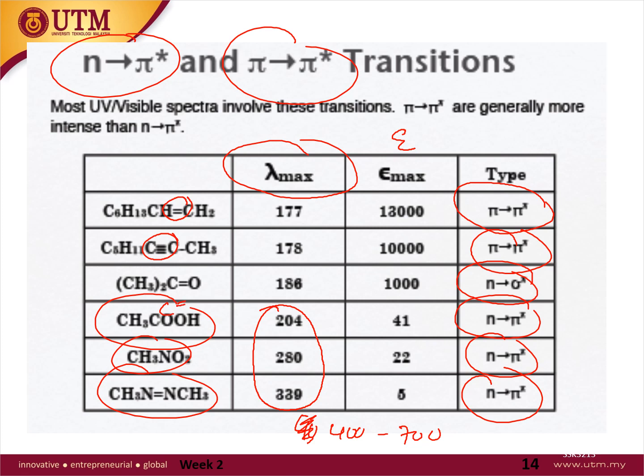But we do have this C double bond O in the carboxylic acid part, and this double bond in the N double bond N azo part, and the epsilon is decreasing. This is to show that if you want to analyze an organic chemical compound, you have to see whether it contains at least C double bond C, so that you can see the absorbance easily, because the max epsilon is very high.